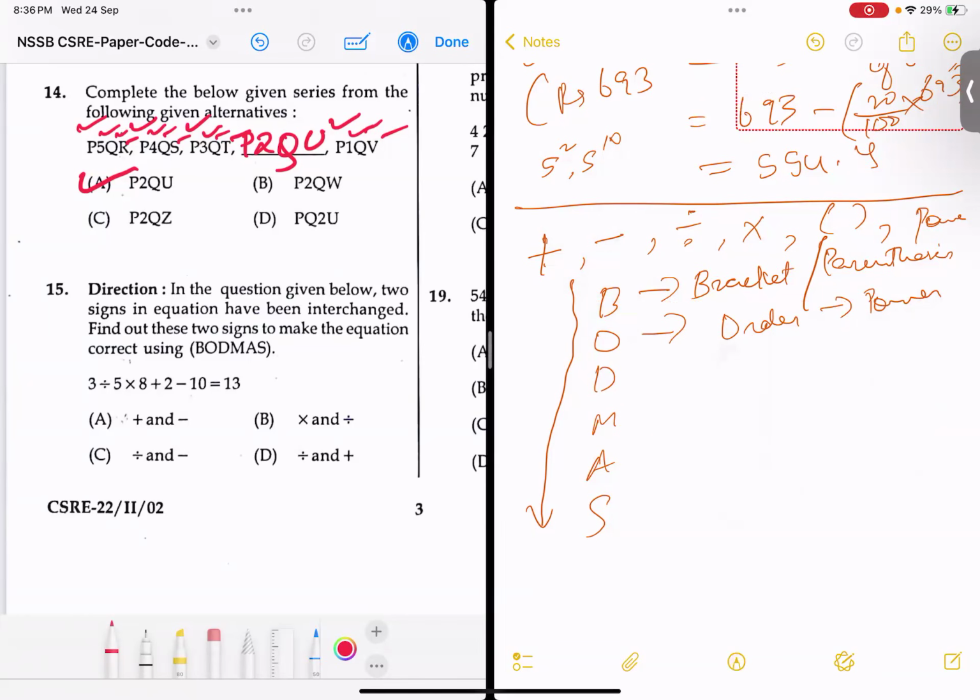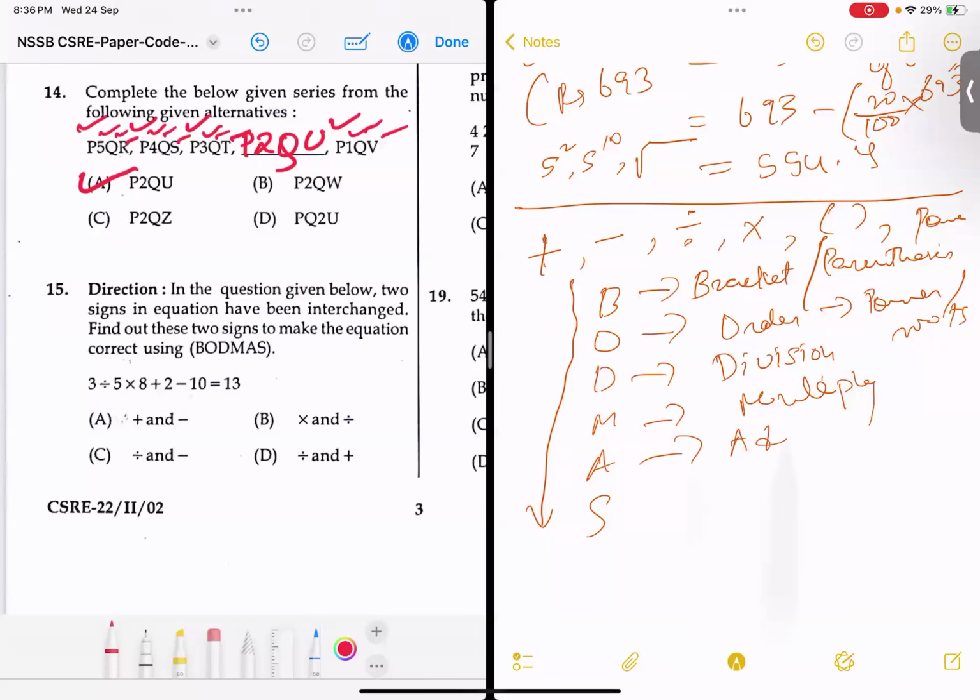Or even roots also, okay? So when we say orders, it means powers and roots. Third, we have to do the division. Then after that, multiplication. Then after that, addition. And finally, we have to do the subtraction, okay? So this is how we have to do.